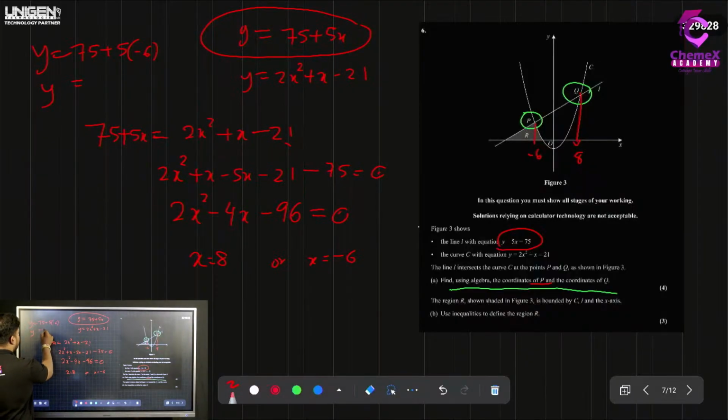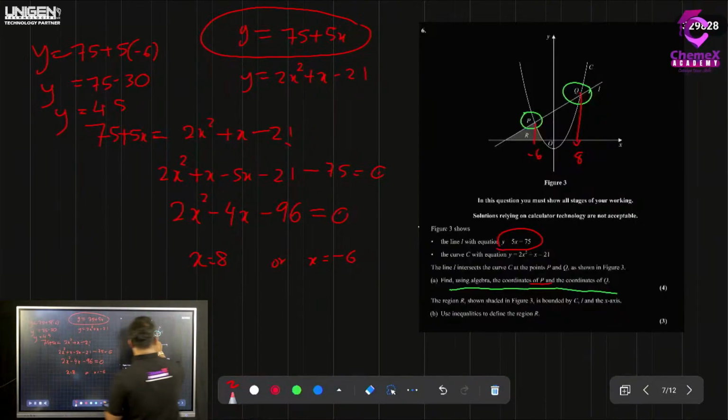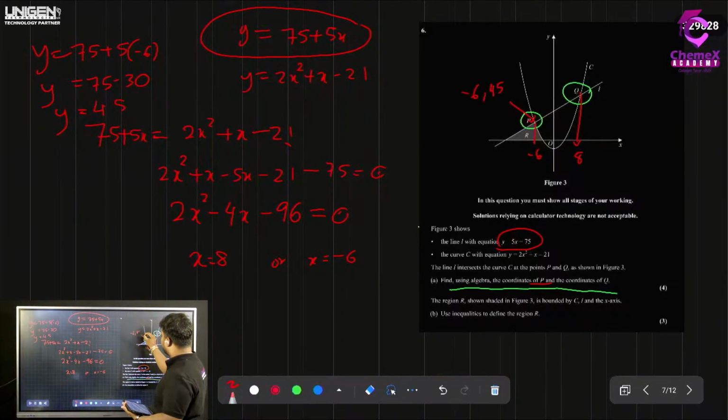75 minus 30 here. What's the value? 45. So when x is minus 6, the P coordinate is going to be minus 6 comma 45.